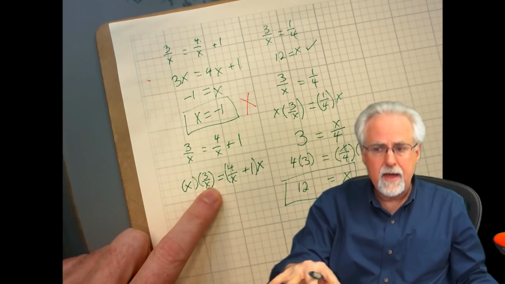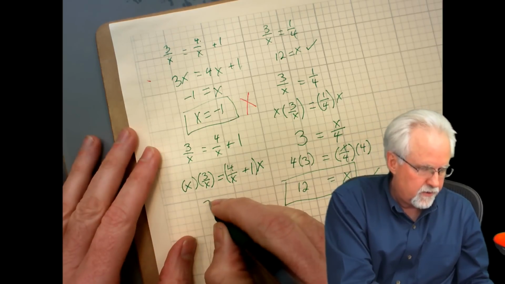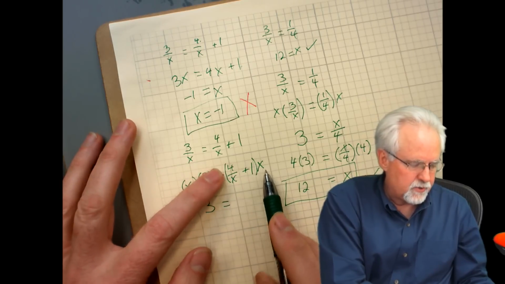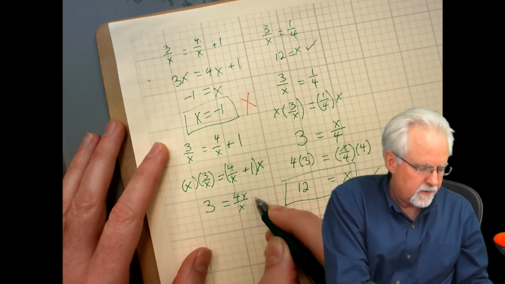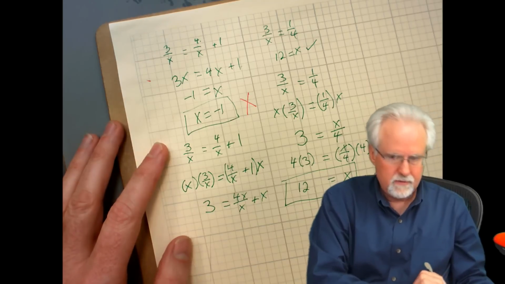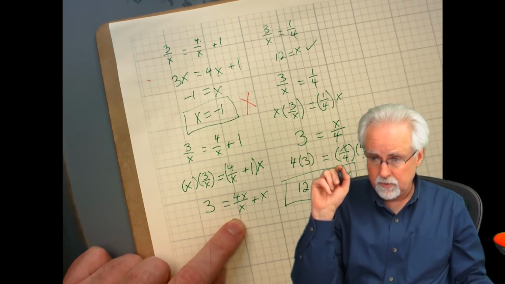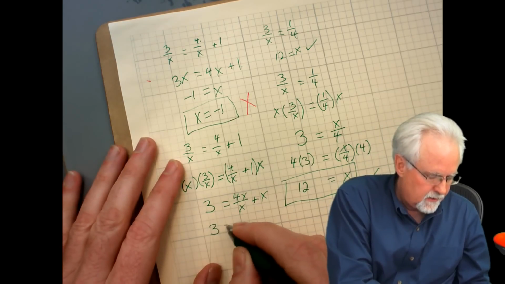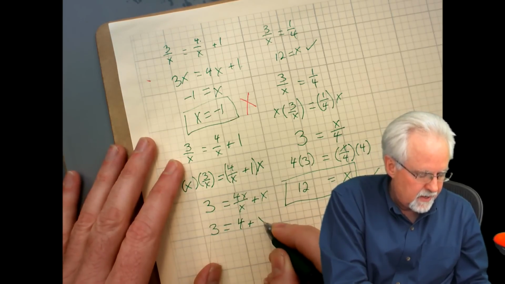No. You know that now. x over x equals 1, and I'm left with 3 is equal to, now I distribute the x, so I have 4x over x plus x. What happens here? x over x equals 1. 4 times 1 is 4, so I have 3 is equal to 4 plus x.